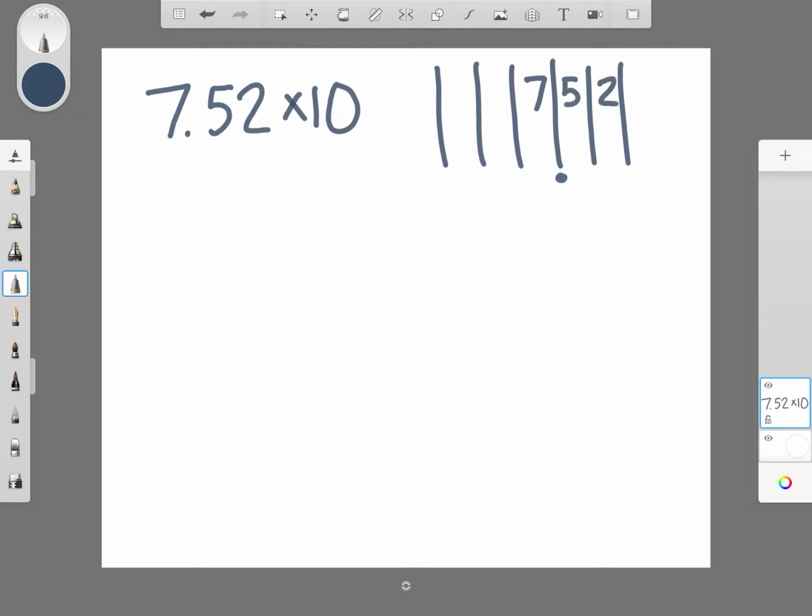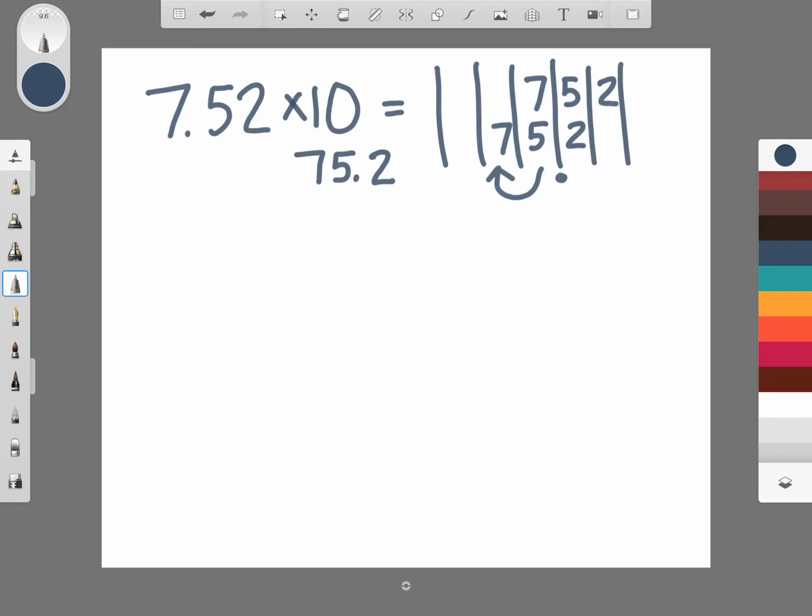When we multiply by 10, remember that the numbers always move 1 over to the left. And so our product becomes 75 and 2/10. Now, we don't always want to have to draw a place value chart and move our numbers. So an easier way to do that is to look at the decimal and see how the decimal moves.